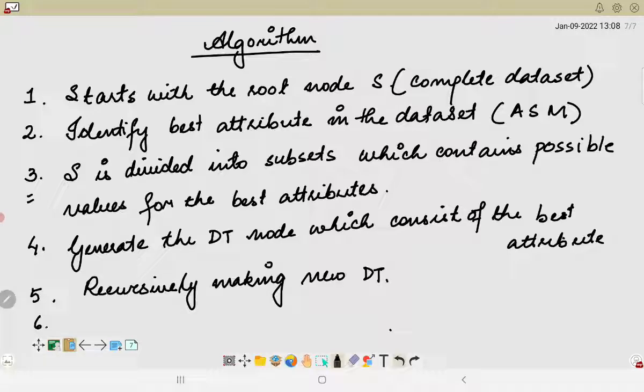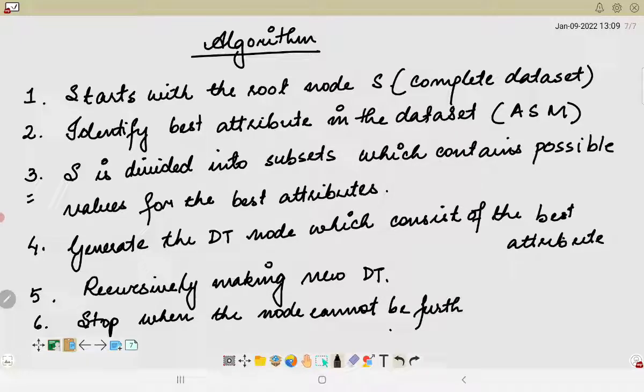So in this 6th step, we will stop when the nodes cannot be classified, or we will call it we have reached a final node. Okay, so when the node cannot be further classified.